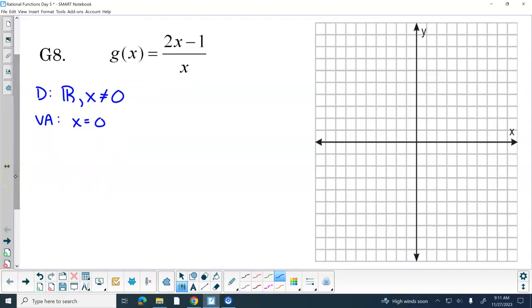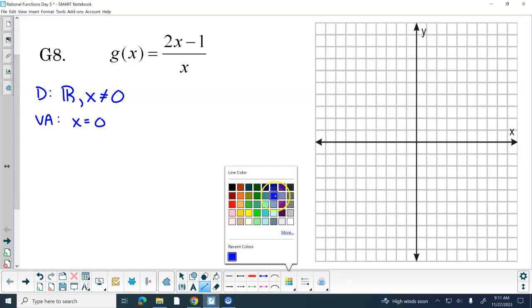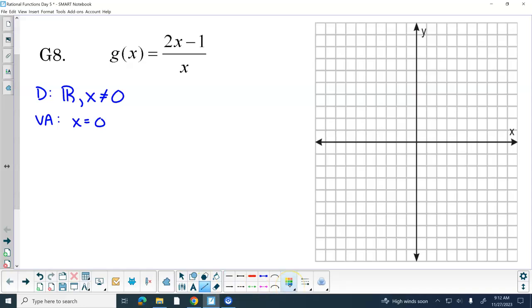So we agree with step number 1, that our domain is all real numbers, but x cannot be equal to 0, and therefore our vertical asymptote is x equals 0. On a graph, we would put that as a dashed line, up and down, right there. Agree with me so far?